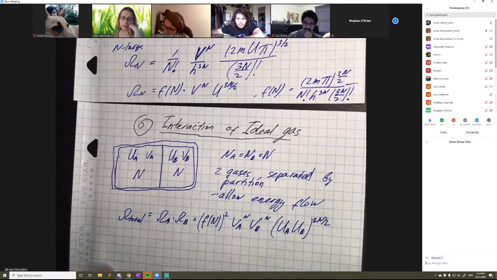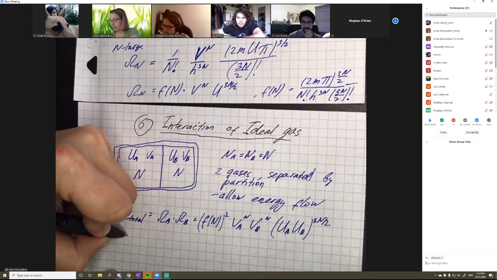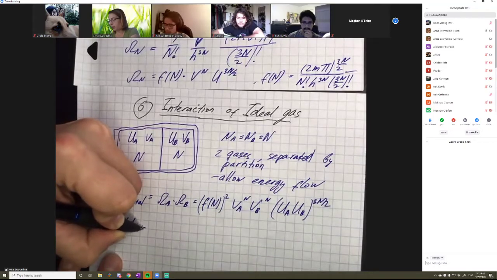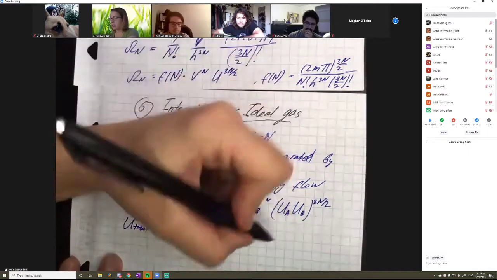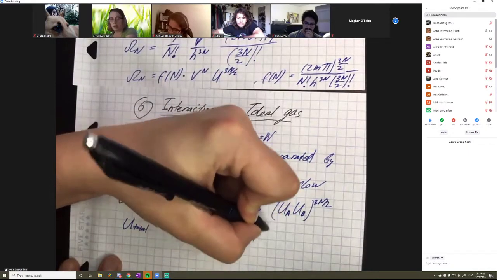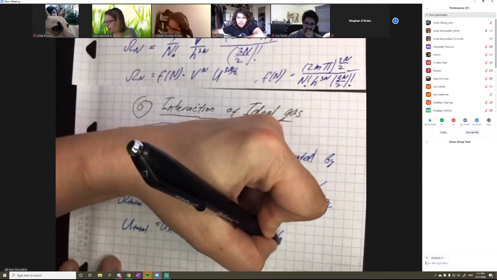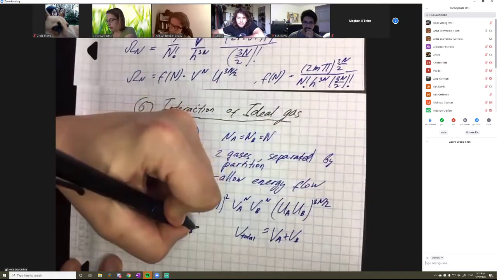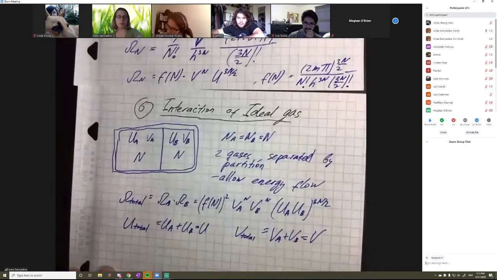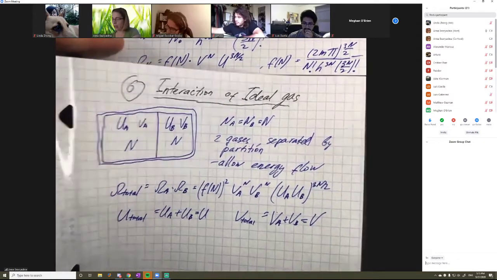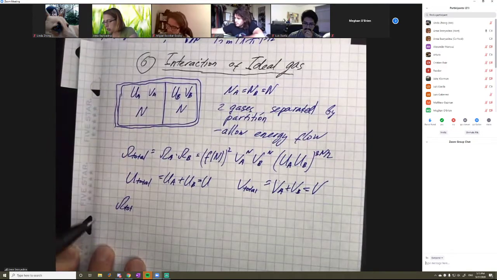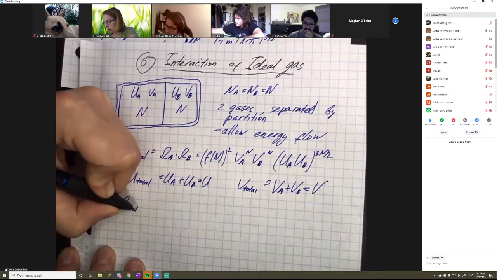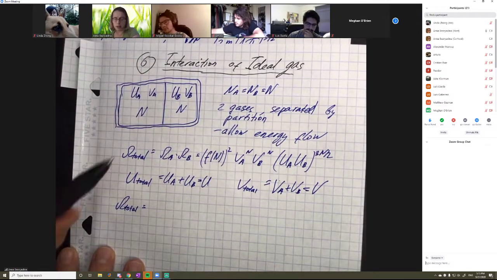So you can see, what is the total energy of the system? The total energy is equal to UA plus UB. And what is the total volume? It is equal to volume A plus volume B, which we write here as U and here as V. If we use that, we can slightly rewrite this formula for the multiplicity in terms of U and V and what happens in one of the volumes.